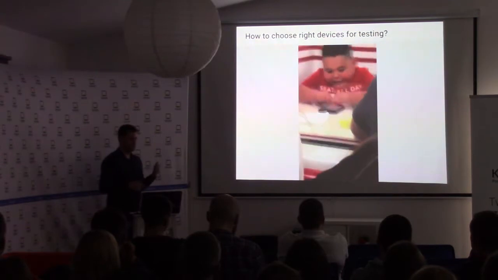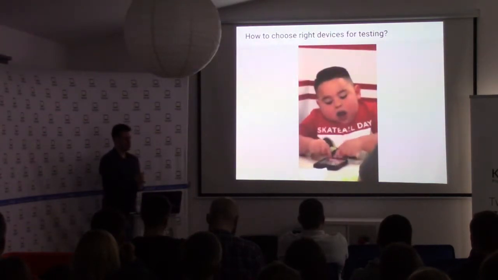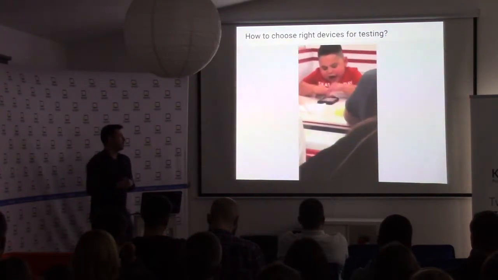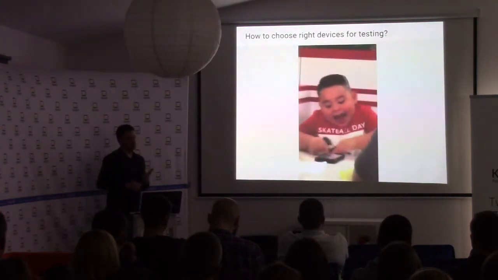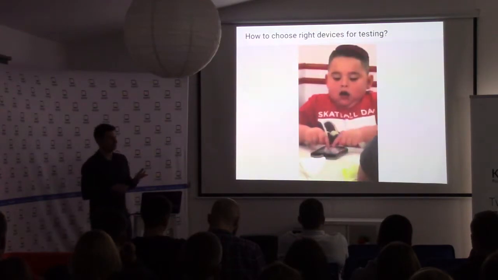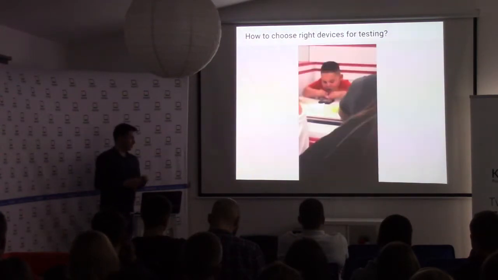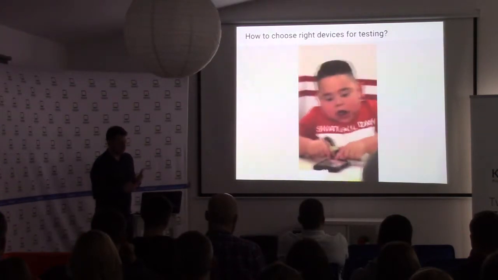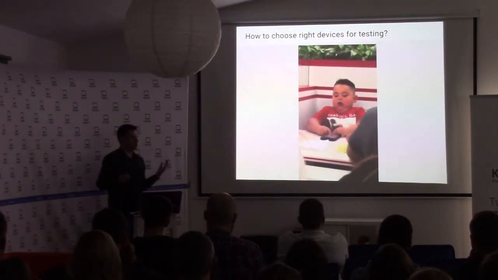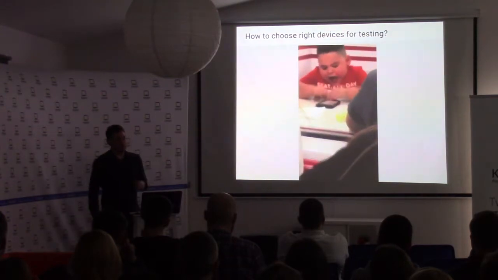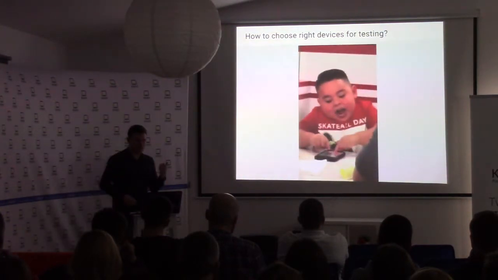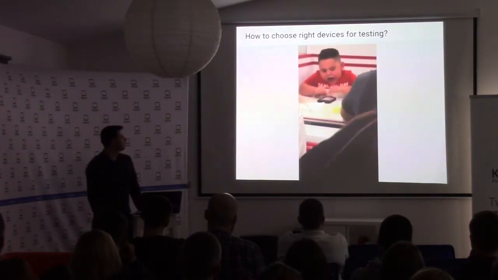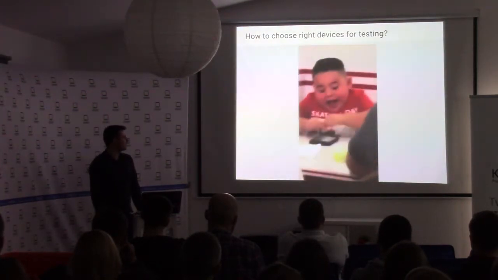If you think about the number of combinations you may have with the various types of devices, manufacturers, different models, operating systems, resolutions, etc., you have a huge number of different combinations, and what you can do is buy hundreds of devices, pick up a random one, and start testing it like this kid is doing very quickly, because you cannot really focus on one device for a long time.